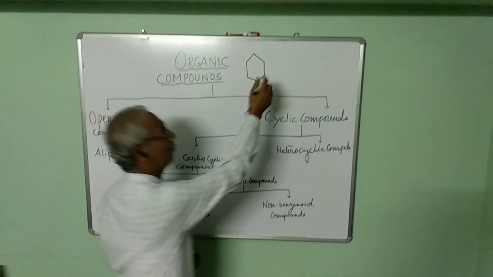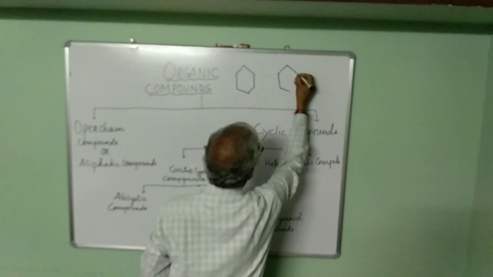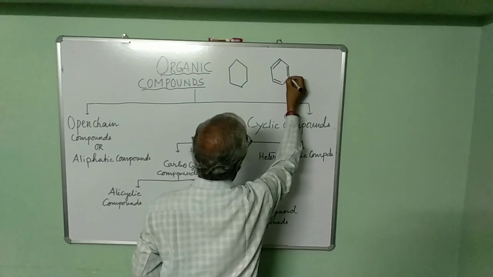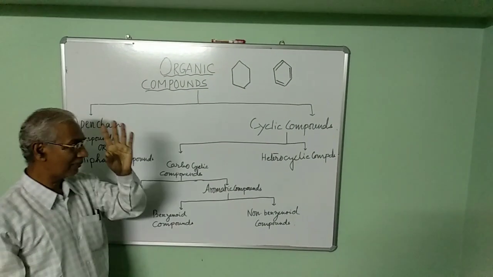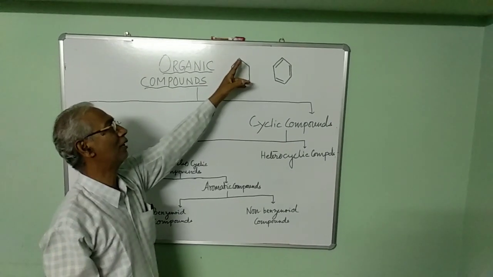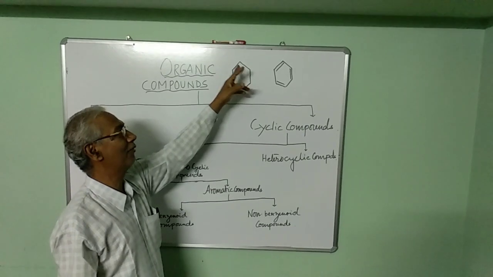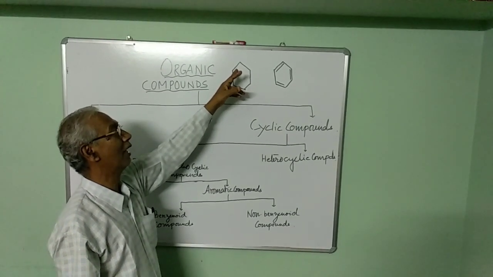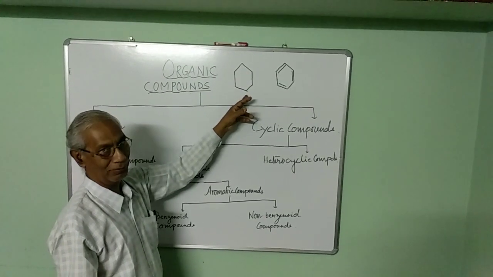Another example I am giving, and then how can you find out the general formula? From the example, you can easily find out. The name of these compounds you will get later on. First you try to find out how to find the general formula of this compound.